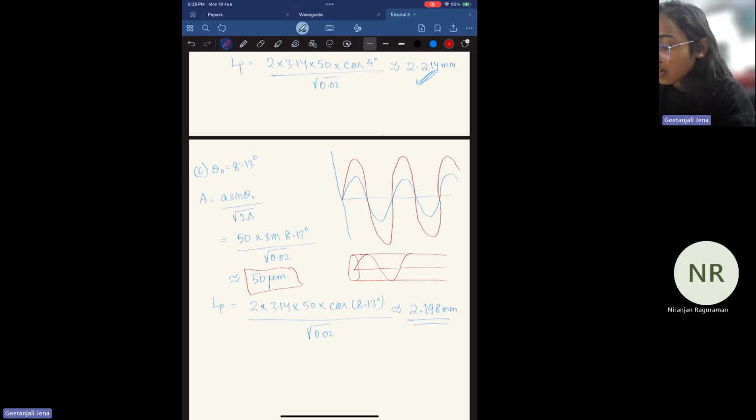So if you incident a ray at an angle greater than theta 0, it will be refracted into the cladding. It will not be guided inside the fiber.